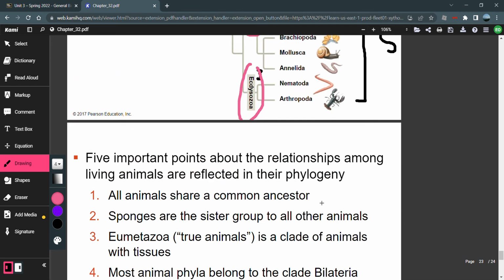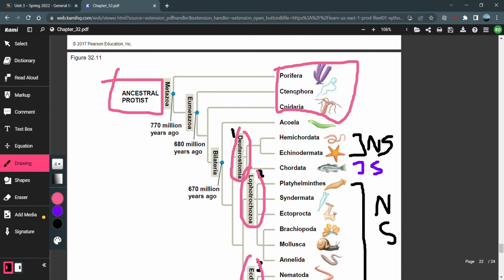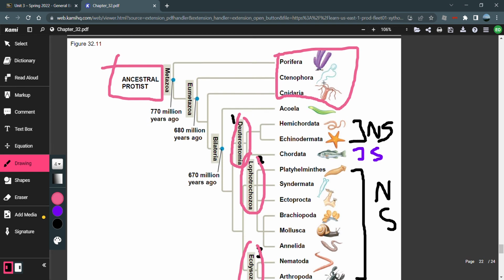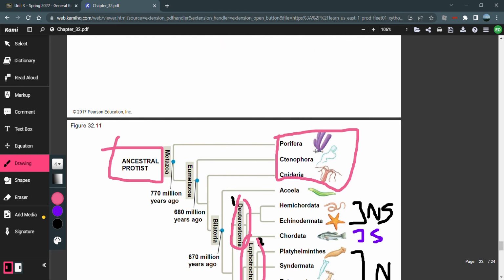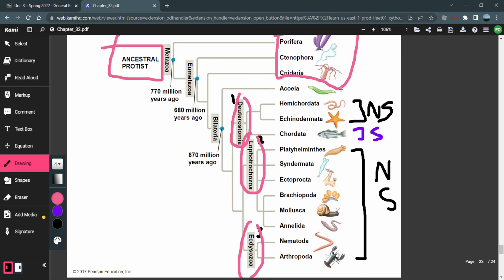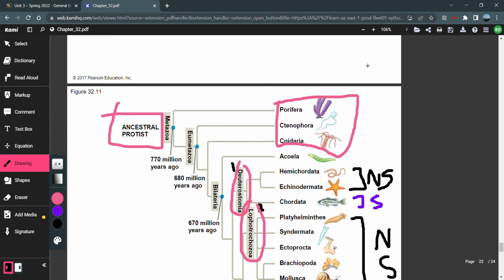Sponges are the sister group of all other animals. Sponges, right here, I think it's Porifera, and cnidarians do not have bilateral symmetry. They're asymmetrical.